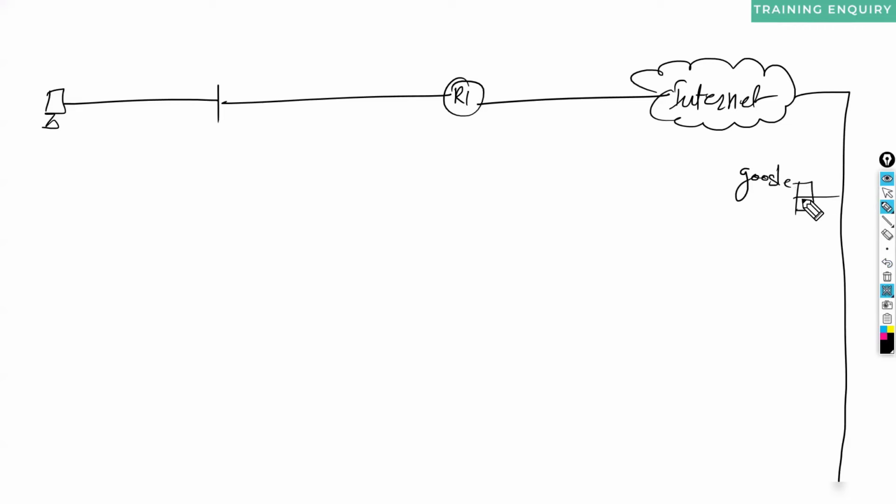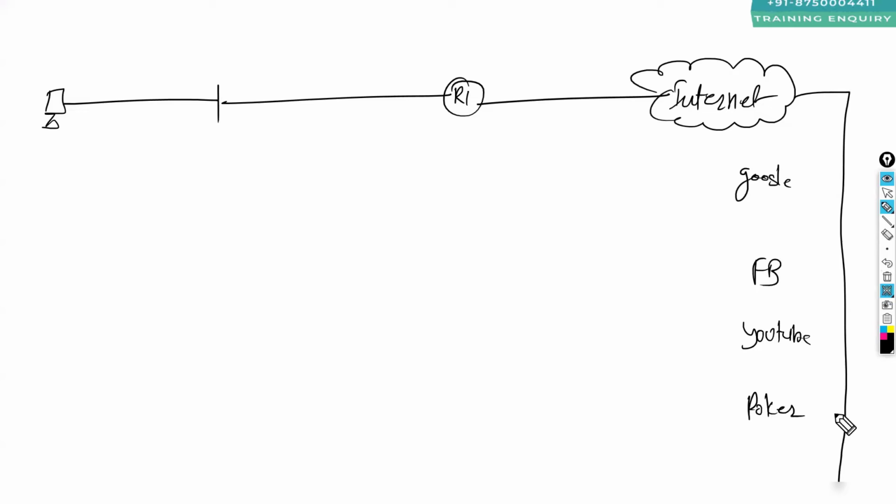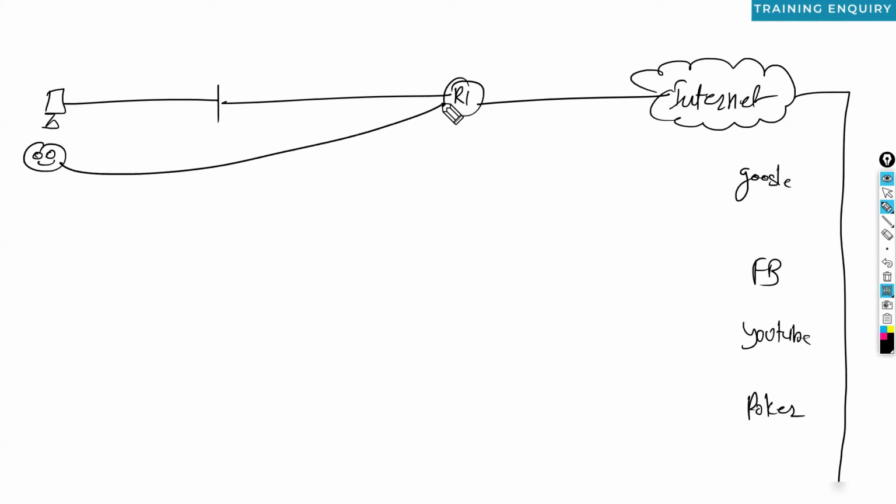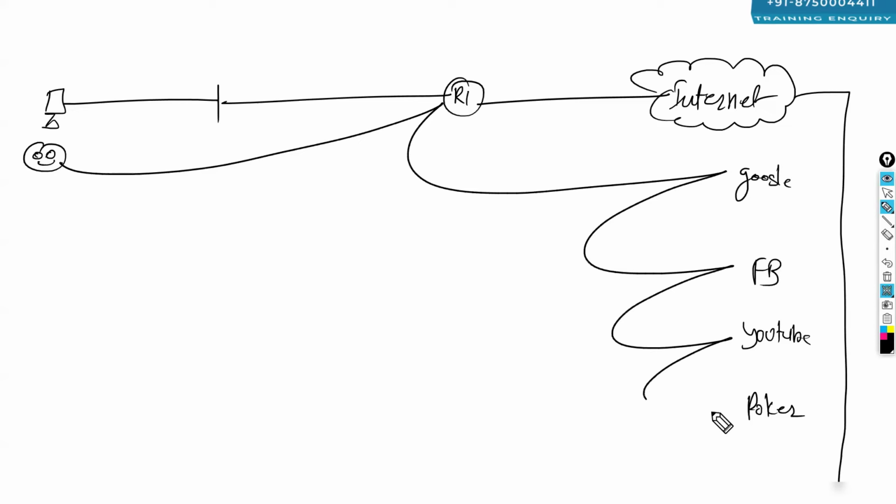So we have servers like Google, Facebook, YouTube, and a gambling website like poker.com.